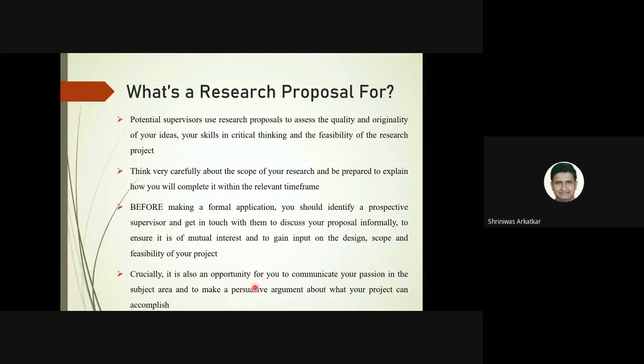More crucially, it is also an opportunity for you to communicate your passion. Most importantly, you should have a passion to do something good from your research. If you just want to finish your research without doing anything new, you will end up with something already reported.